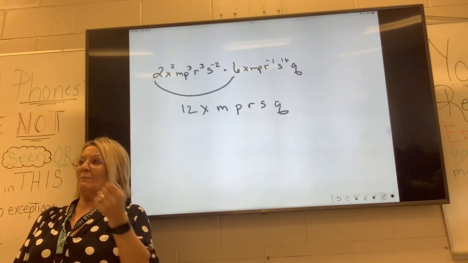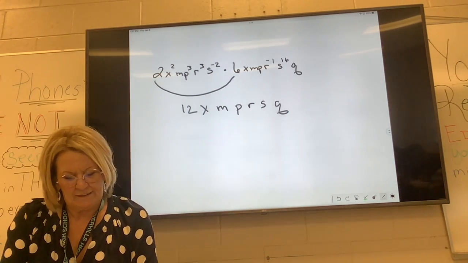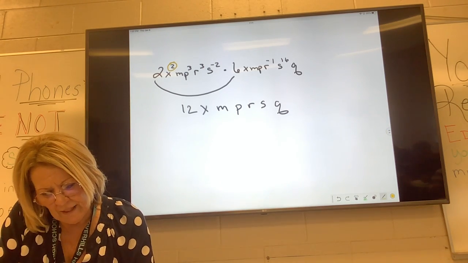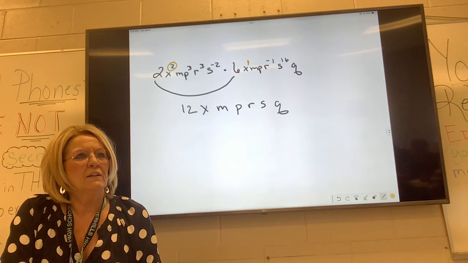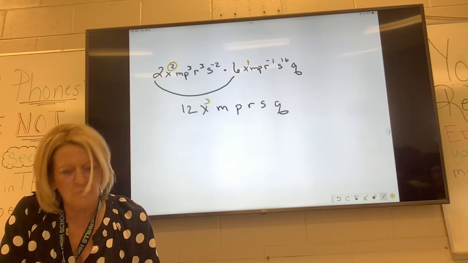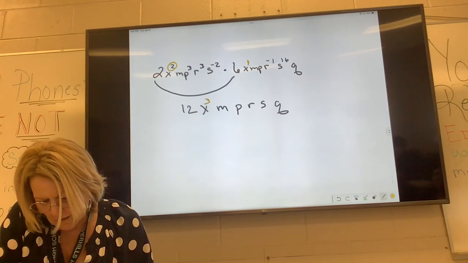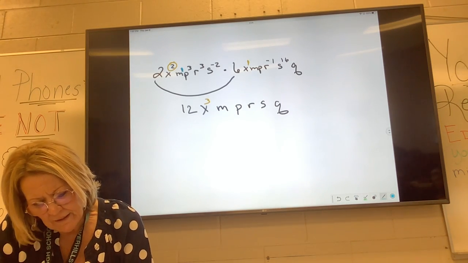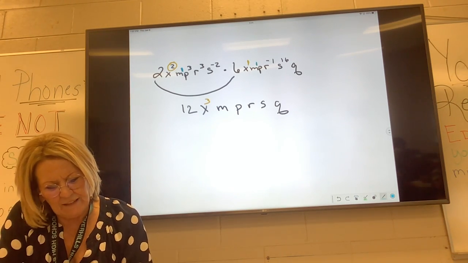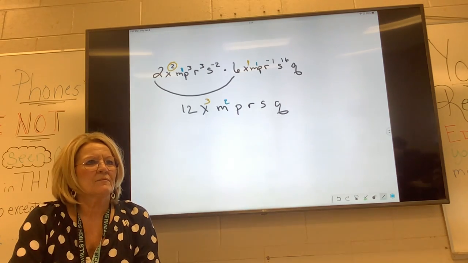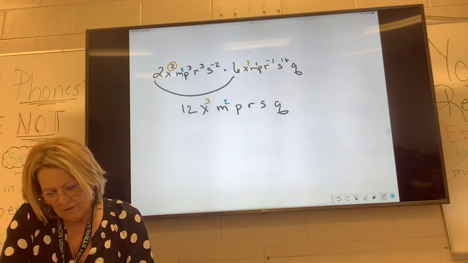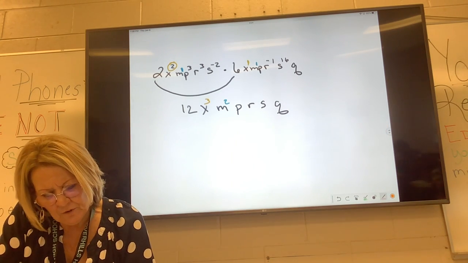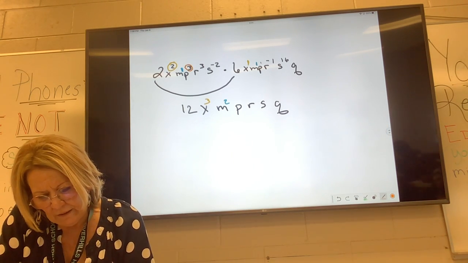After you do that, then we're going to go back and add. So let's look at our x. We have an x, 2, and a 1. It's understood 1. 2 plus 1 is 3. We have an m, 1 and a 1. That's an m squared. We have a p, 3 and a 1.